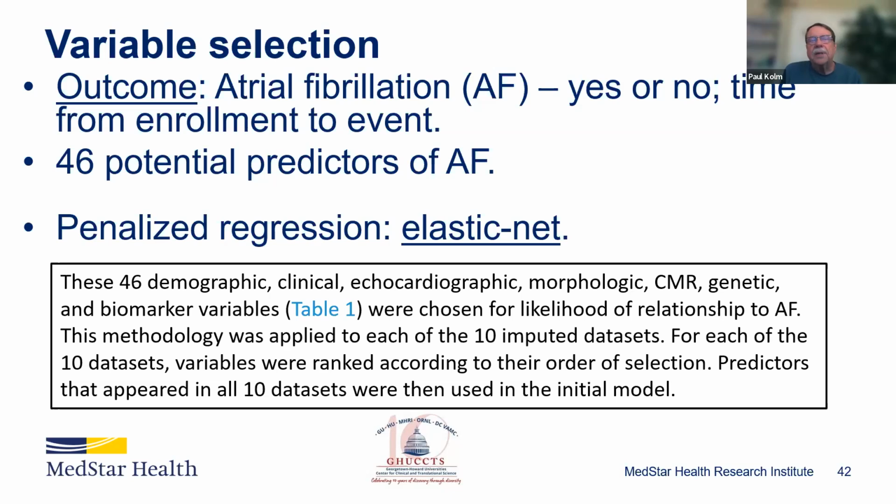But of course, that's not always the best. There are some issues with the lasso as well. So the elastic net is becoming quite popular in doing regression when you have a lot of different variables. As I mentioned before, we have 10 data sets because we're doing multiple imputation for missing values, but I'm not going to go into that.